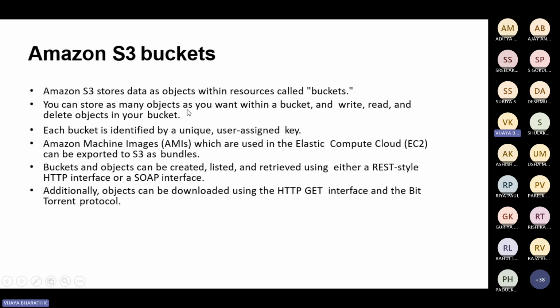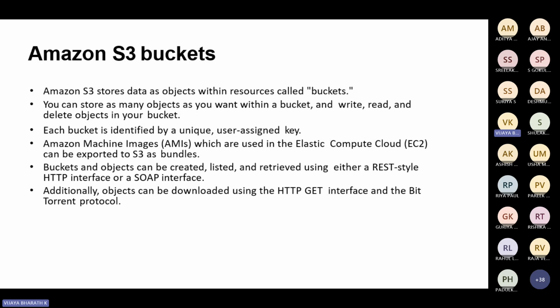They call all the data objects within the resources buckets. You can store as many objects as you like within a bucket, and you can read, write, and delete those objects. Each object is identified using a unique user-assigned key, like a name-value pair, so you can set a key for a particular value.